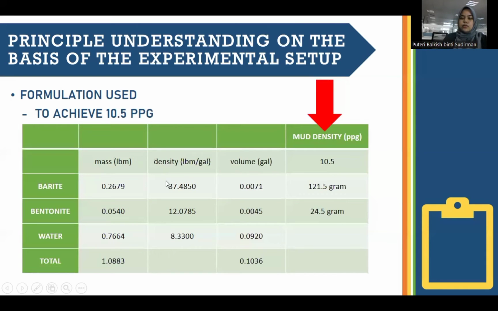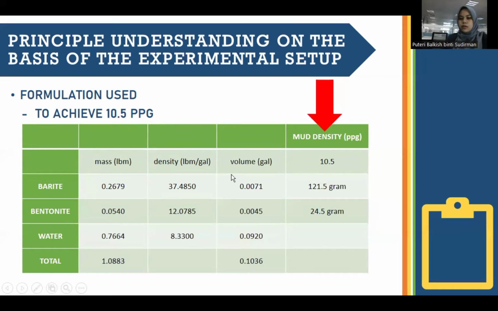Next, for 10.5 ppg, the mass of barite will be 0.2679 lbm, bentonite will be 0.054 lbm, water will be 0.7664 lbm. The total mass will be 1.0883 lbm. Again, the density is constant.